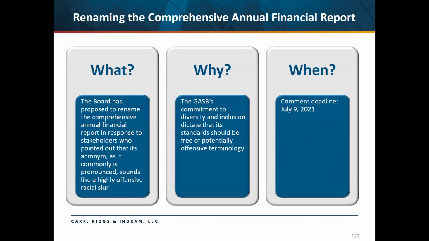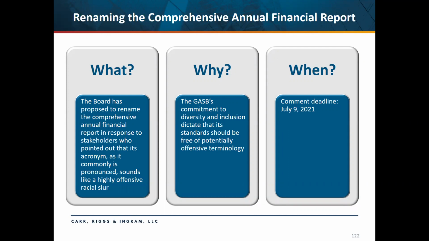So a lot of us are aware that the GFOA in March of 2021 asked all industry affiliates to stop using the convention comprehensive annual financial report, because the acronym that went with it was extremely offensive to some of those in South Africa.